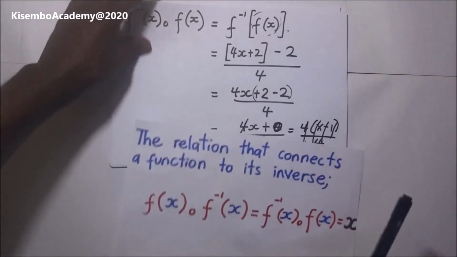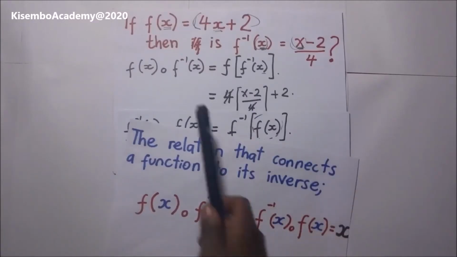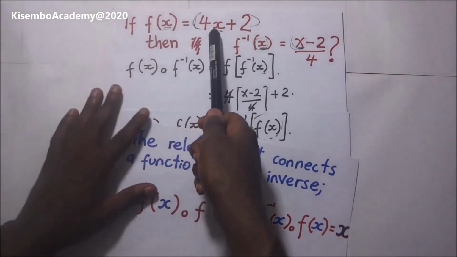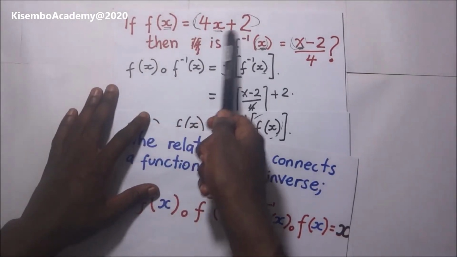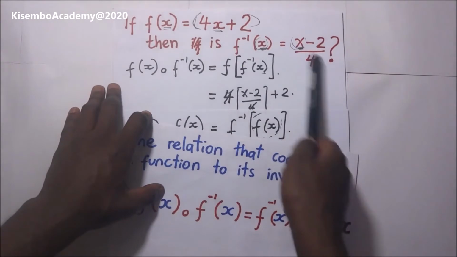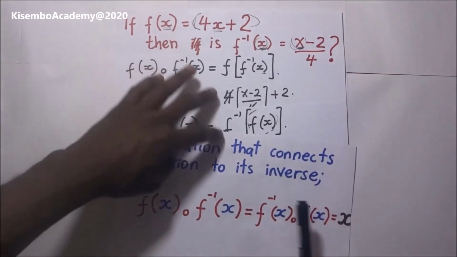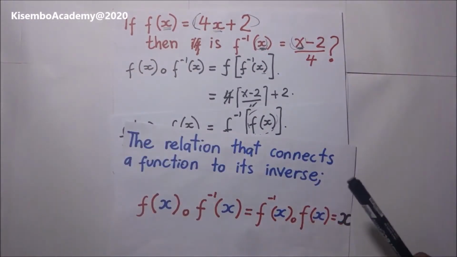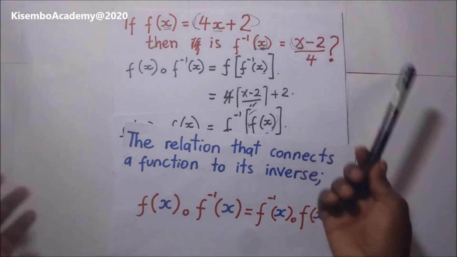So if we go back to the question, which is asking that if this function f of x is given by 4x plus 2, then is this function its inverse? From our workings here, the answer is yes. So we conclude by saying that yes, it's the inverse.